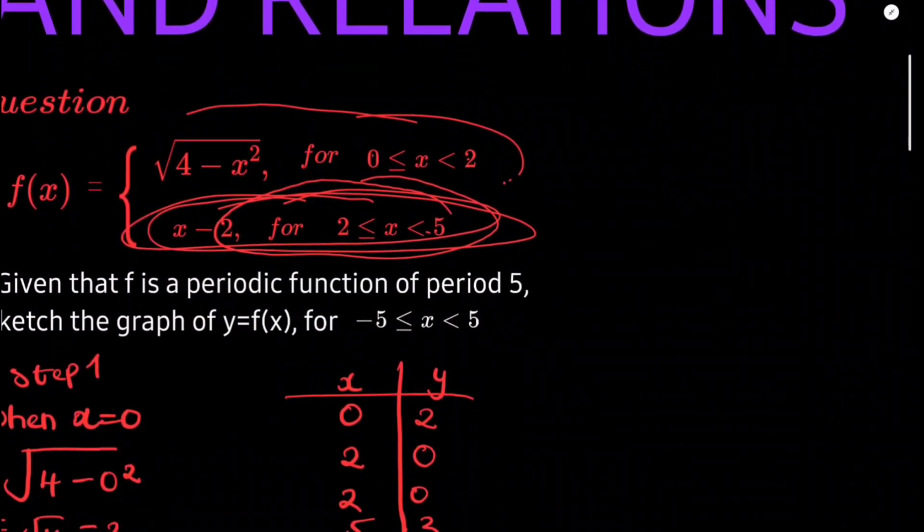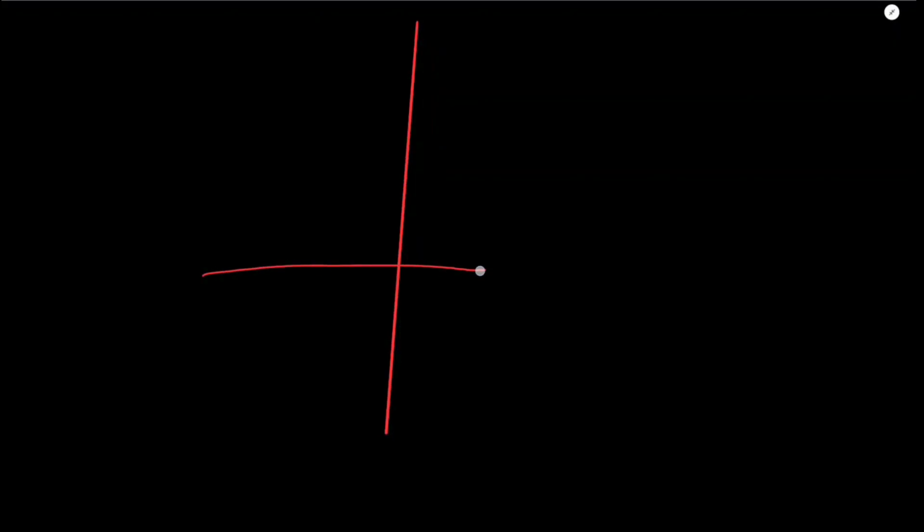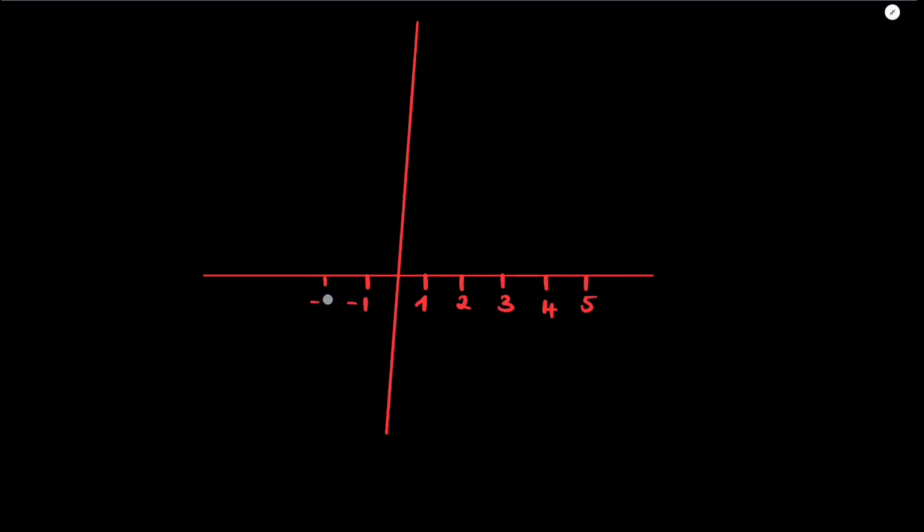We said our values of x range from -5 to 5, so we need to take note of that. So this is 1, 2, 3, 4, 5. Here we have -1, -2, -3, -4, and -5.